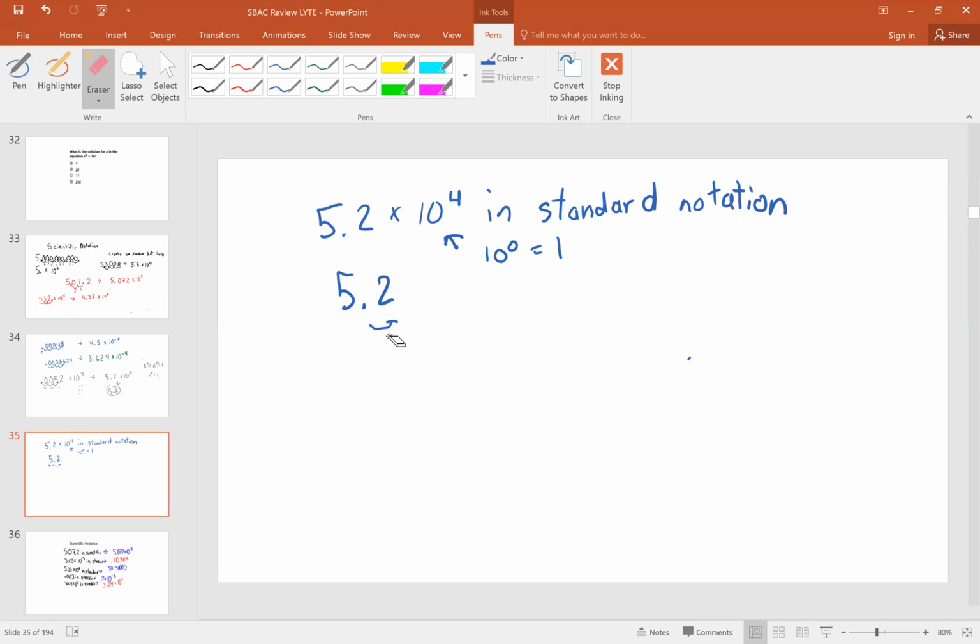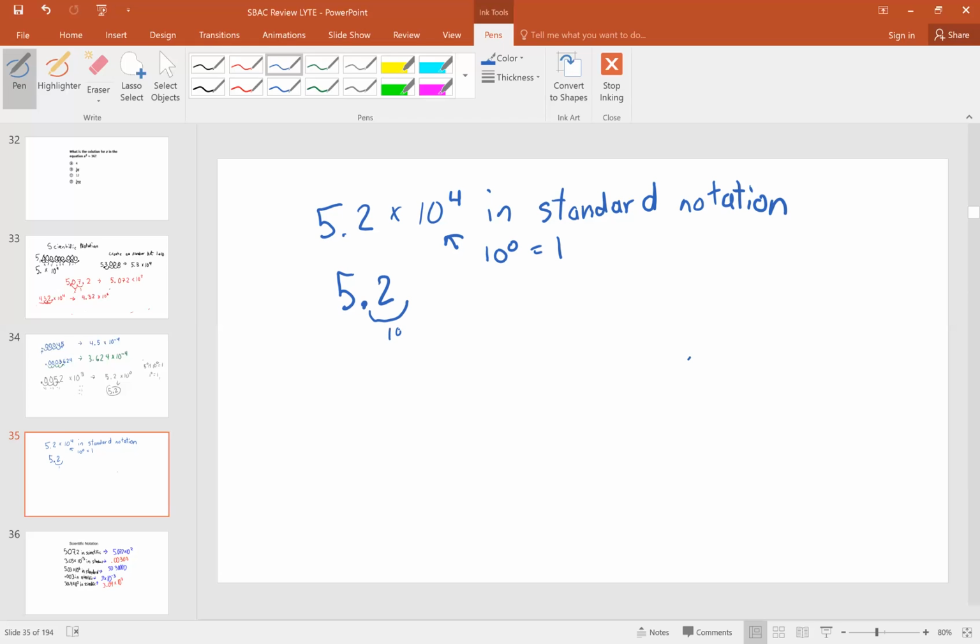So to make this a problem in which I'm writing in standard notation, I would want to go to the right, because I want to get the 10 to the fourth as small as possible. If I go to the right, it will get to 0. So if I go 5.2, right, and I go to the right one, this is at 10 to the fourth.